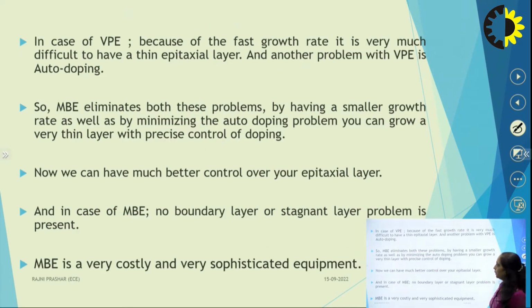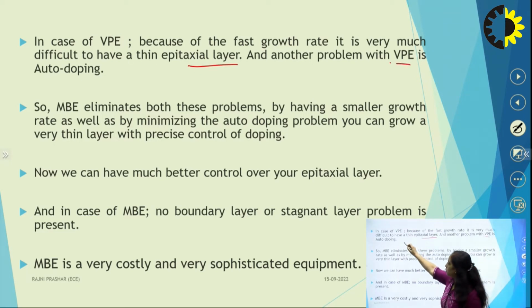In case of VPE, because of the fast growth rate, it is not possible to have a thin epitaxial layer, because the growth process in VPE is very fast. And the problem of auto doping is also there. So MBE, molecular beam epitaxy, eliminates both problems.